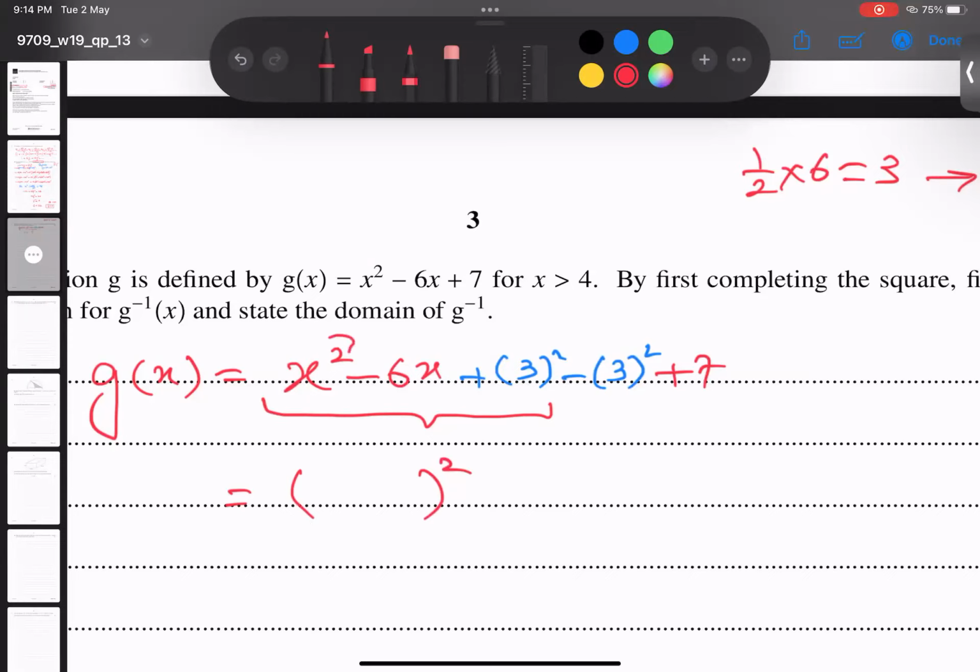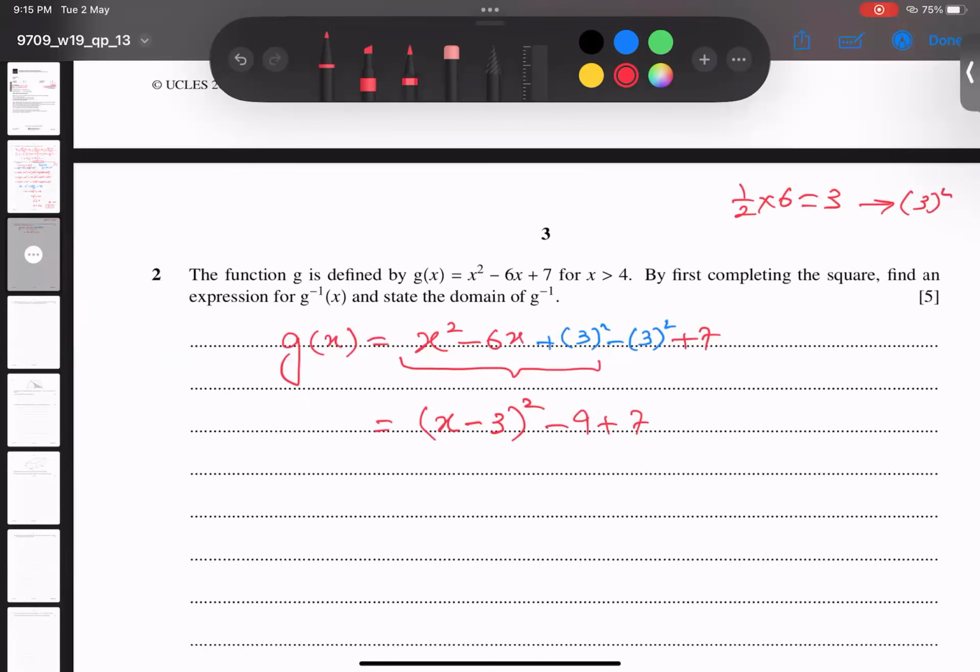Under power 2, whatever x comes from here, 3 comes here, and this sign, whatever, positive or negative, will come inside. So I got x minus 3 squared, and this minus 3 square gives you minus 9 and plus 7. So alhamdulillah rabbil alameen, finally I got the completing square done.